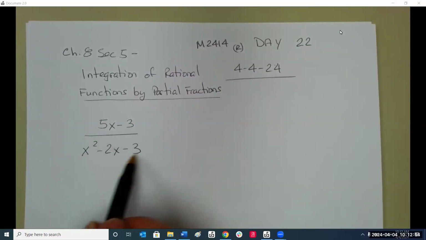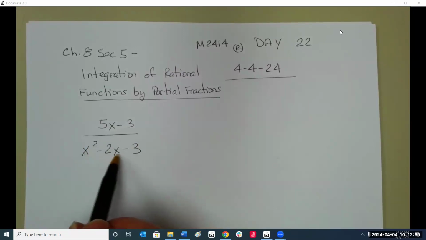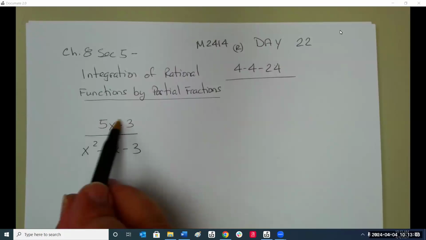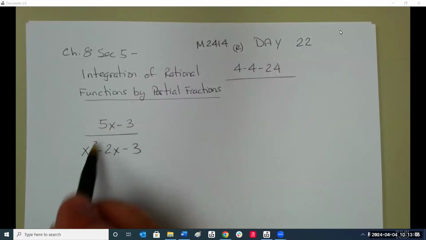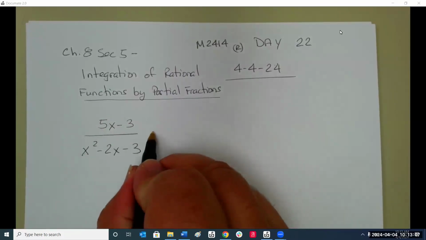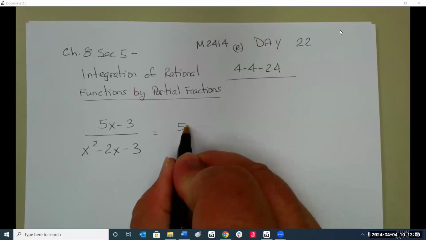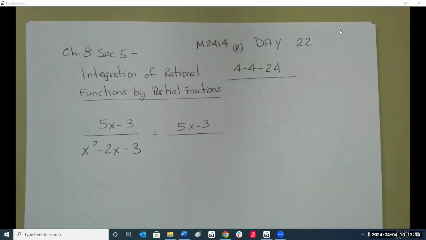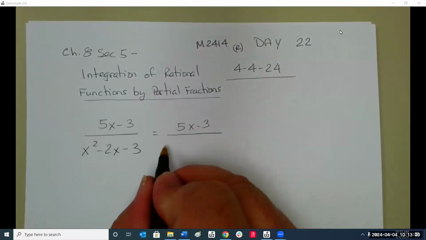Because if we try to make it an ln, the bottom is x squared minus 2x minus 3, the derivative would be 2x minus 2, which is not that. Since there's no connection there, we have to rewrite the equation into a form that we can integrate much more easily.